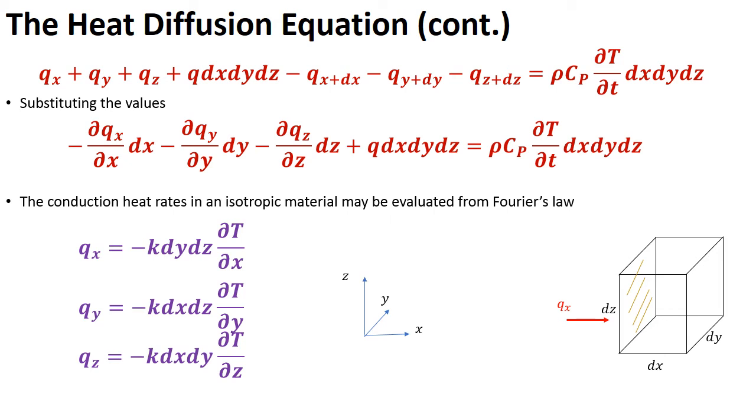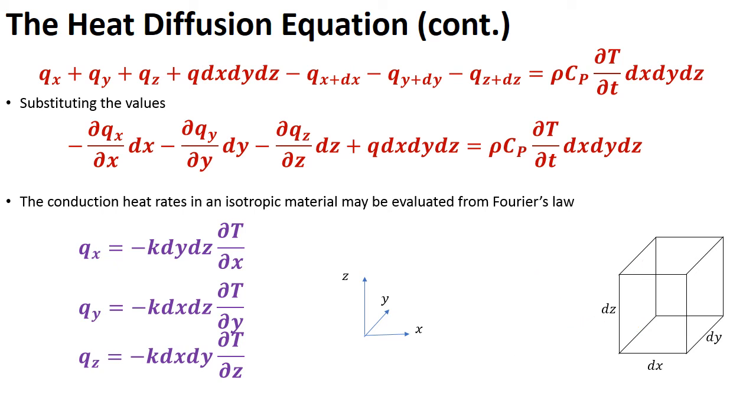The shaded area is the area perpendicular to the direction of heat in x direction, and it is evident that this area is dy times dz. So that's why the area mentioned in the equation of heat flow in x direction is dy times dz.